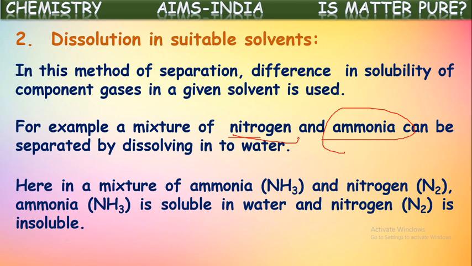So when you pass this mixture of two gases, the ammonia will be dissolved in the water, and only nitrogen gas will be separated easily. So this technique is called the solubility method. If one of the two gases in a mixture is soluble in a liquid, then by passing it through that liquid, the gas which is insoluble can be separated easily.